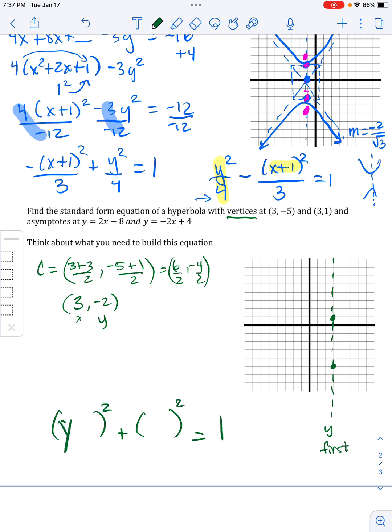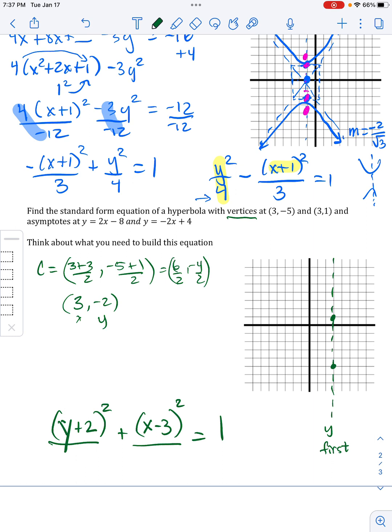I need to have y first, but I'll have to have a +2 with it. And then here, I'm going to have my x second, and then I need to bring down my x coordinate from the vertex. Okay, what I don't know is what's going to generate these bottom numbers. So let's figure that out. The other thing that I need is my a and b.